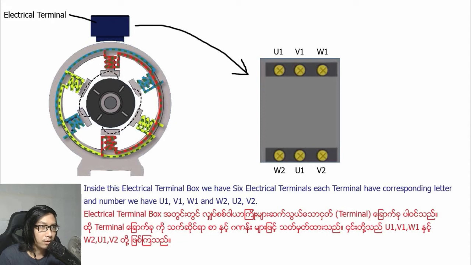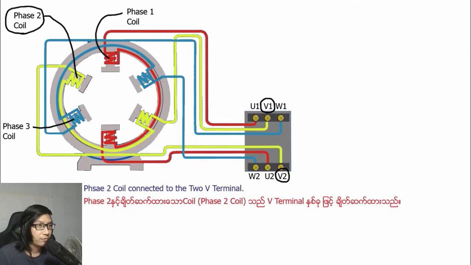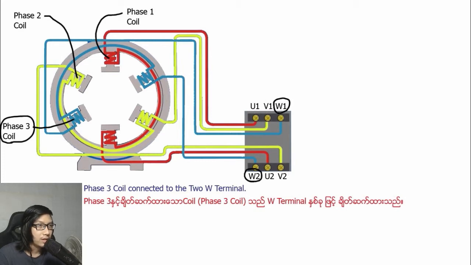We have U1, V1, W1 and W2, U2, V2. We have our phase 1 coil connected to the U terminal. Phase 2 coil connected to the V terminal. Phase 3 coil connected to the W terminal.